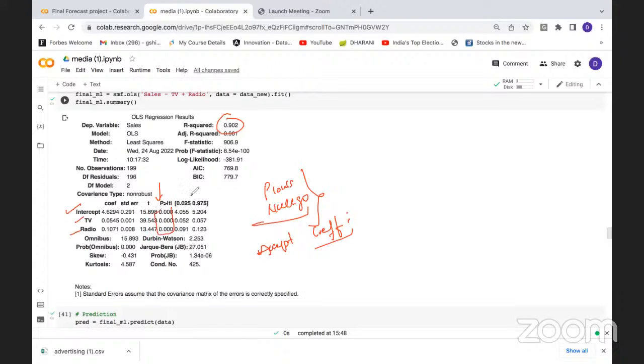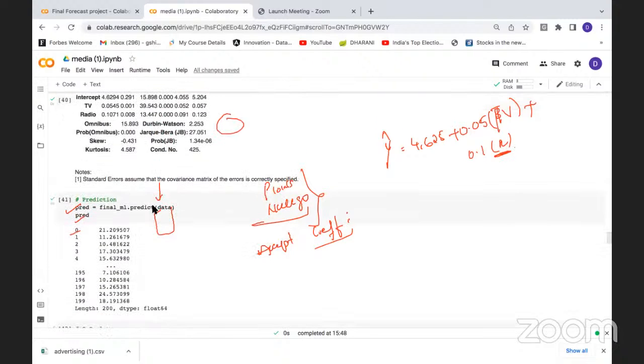P values are fine. So what will be your equation now? Y hat is equal to 4.625 plus 0.05 into TV plus 0.1 into radio. At least people are listening via radio and trying to purchase, giving the product a try, rather than newspaper. That is the interpretation here.